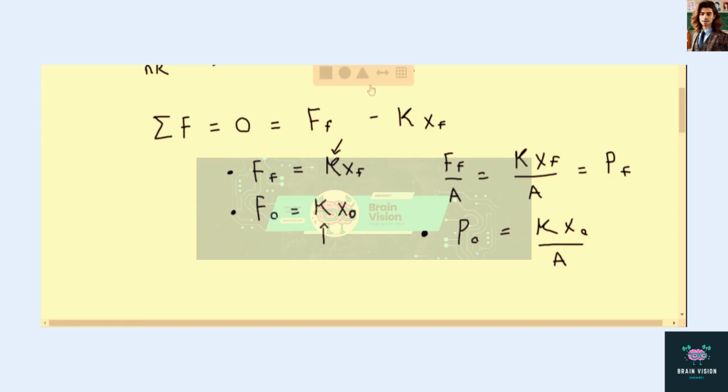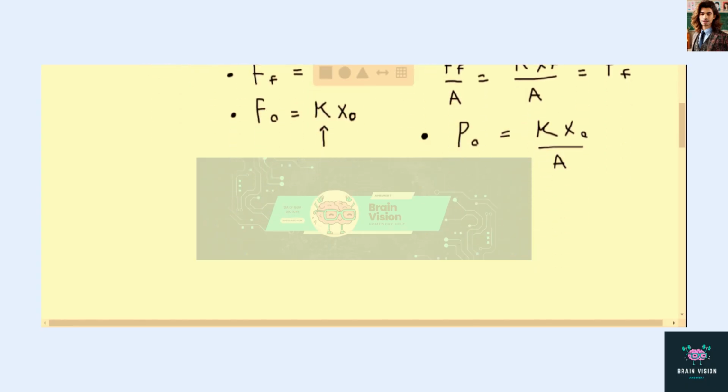So now we can eliminate K from both of these equations. If we solve for K in both of them, we'll multiply by A over X naught for this one here on both sides. And we'll end up with A times P naught over X naught is equal to K. And for the other one, we'll have something very similar.